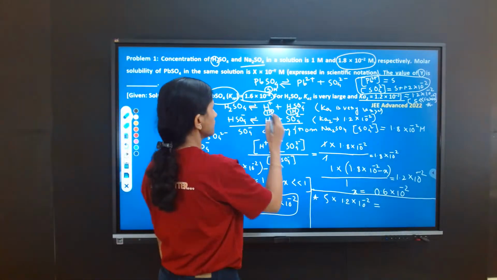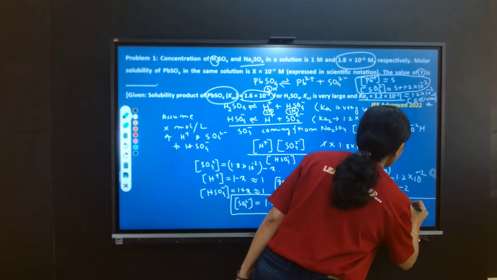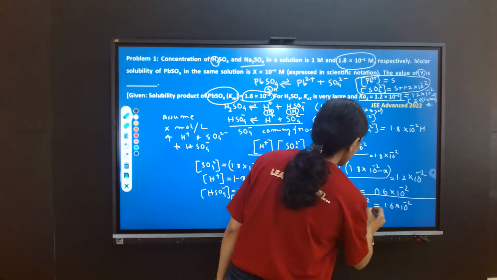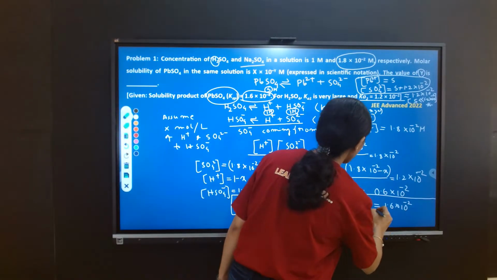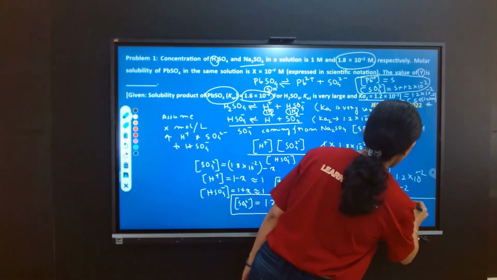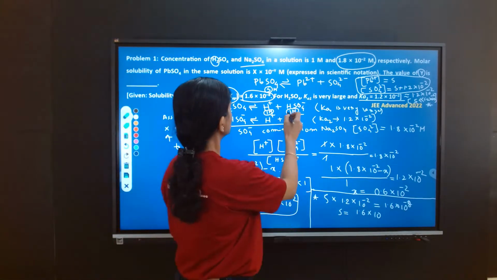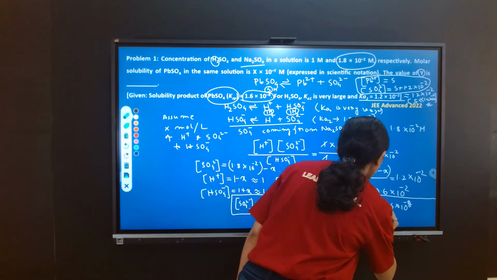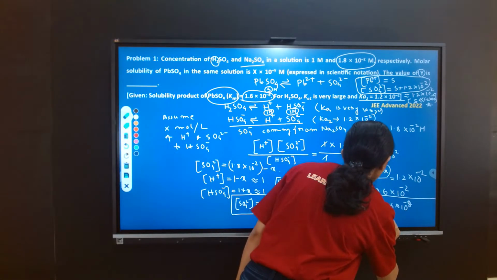So this has been given as 1.6 times 10 to the power minus 8. From here, you will get S as 1.6 times 10 to the power minus 8 divided by 1.2 times 10 to the power minus 2.